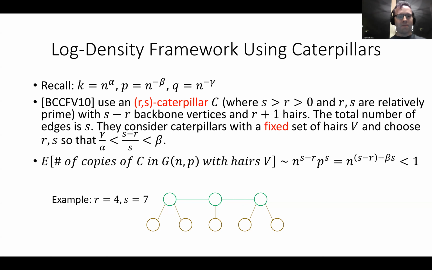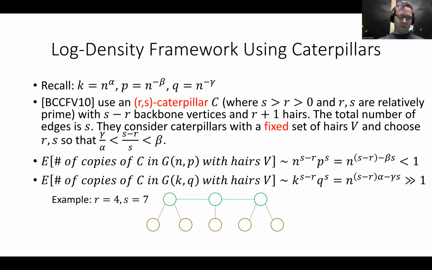Then the expected number of copies of C in G(n,p) with the particular hairs V is on the order of n to the S minus R times p to the S, as there are S minus R backbone vertices which can be chosen freely, and there are S edges. So this is n to the S minus R minus beta times S, which is less than 1.